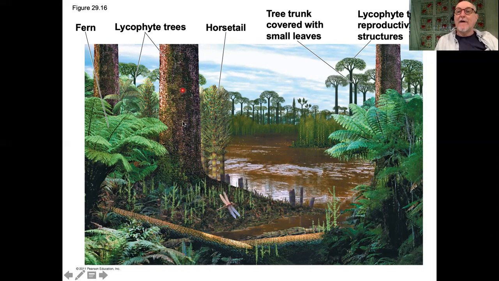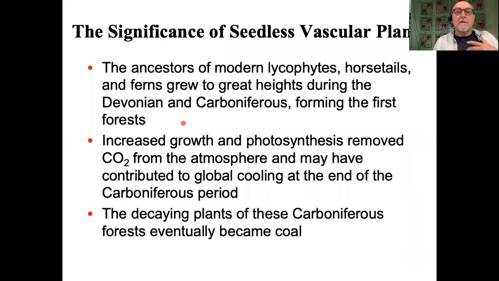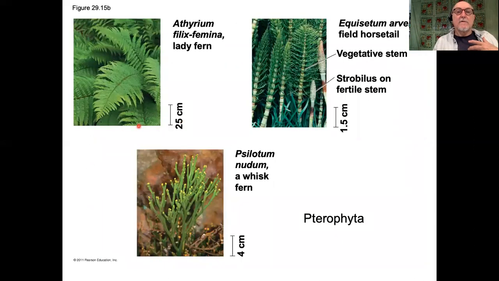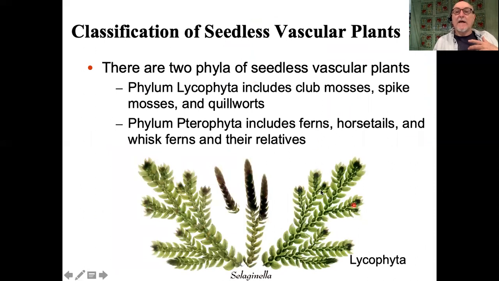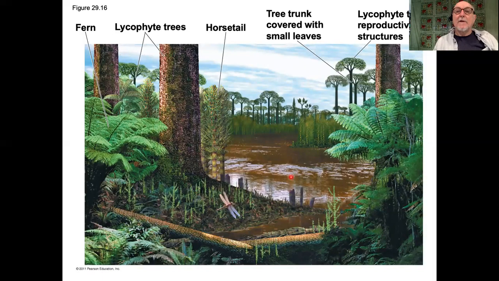So these are Lycophyte trees, probably 15 to 20 foot high, where now our Lycophytes look like this. Most of our Lycophytes are just small, obscure plants. Here in the Carboniferous, they could form huge trees, and they were one of the dominant members of these Carboniferous forests. These are giant horsetails.